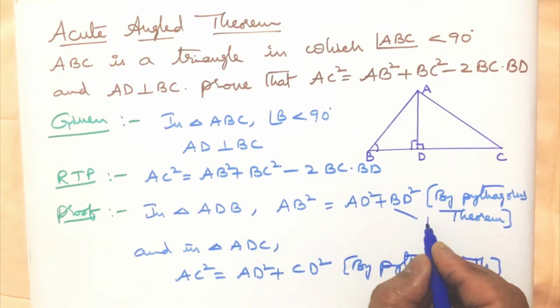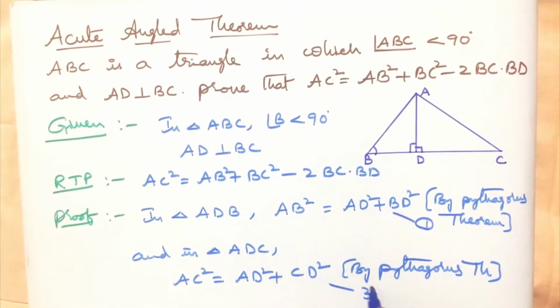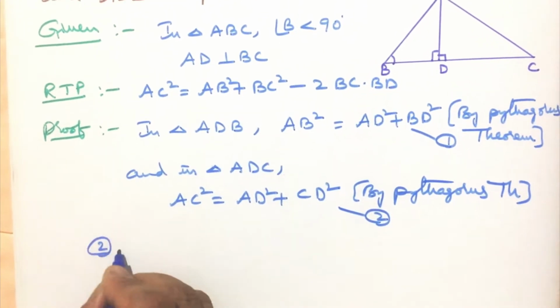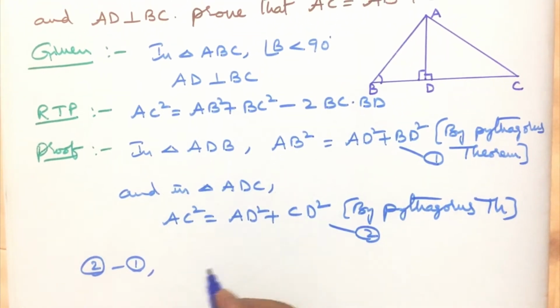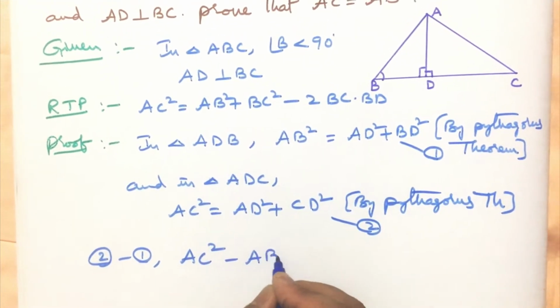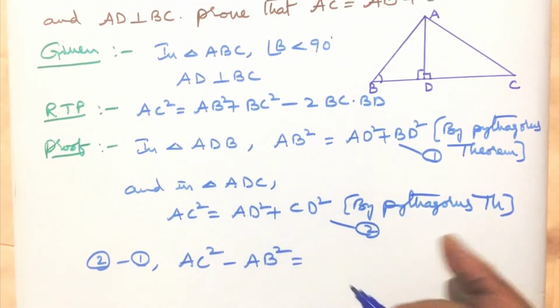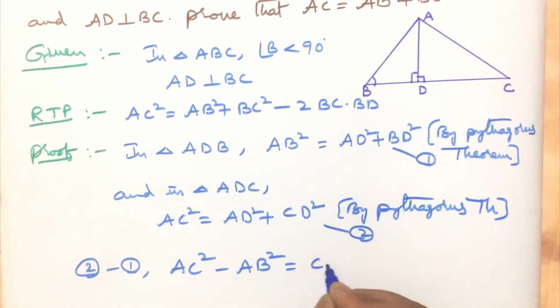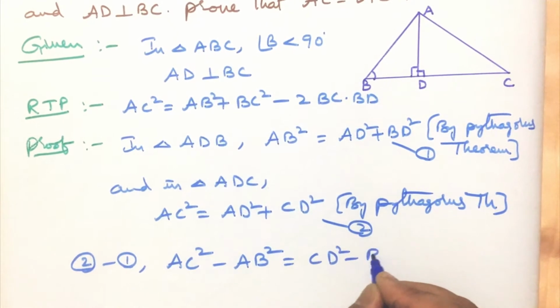I am taking this as equation 1 and this as equation 2. Now I am subtracting equation 1 from equation 2: AC square minus AB square. The AD square gets cancelled, and what is left is CD square minus BD square.